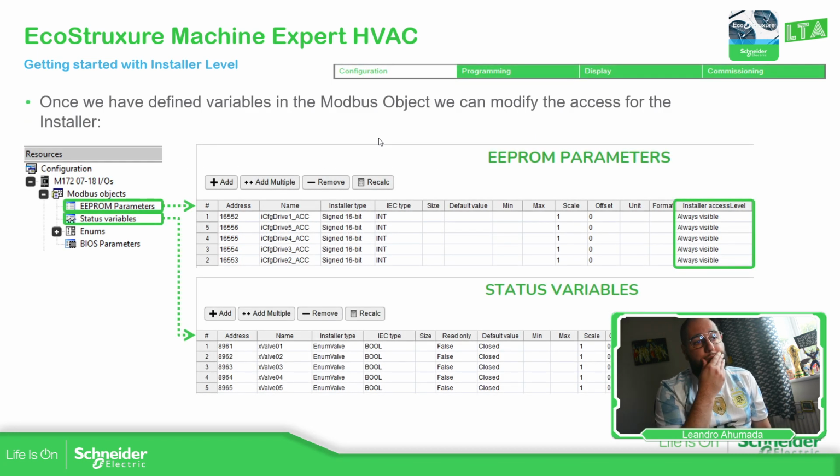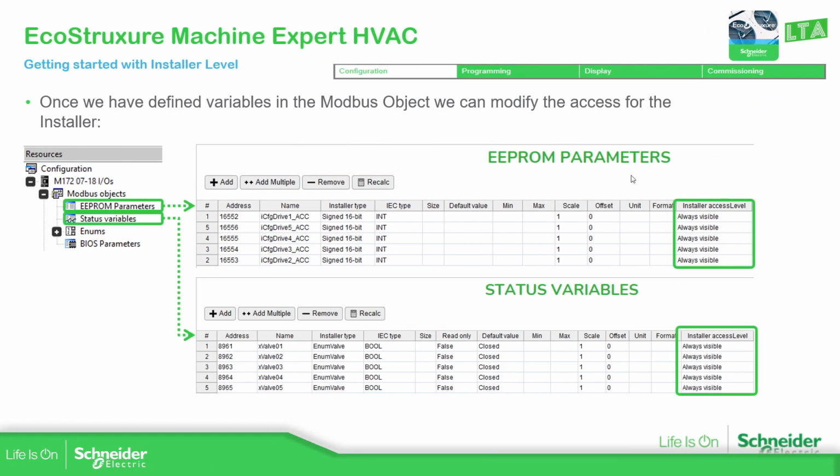So now, how can we identify this? In the new version of the software, we have a new column called Installer Access Level, and it affects the EEPROM parameters and status variables.